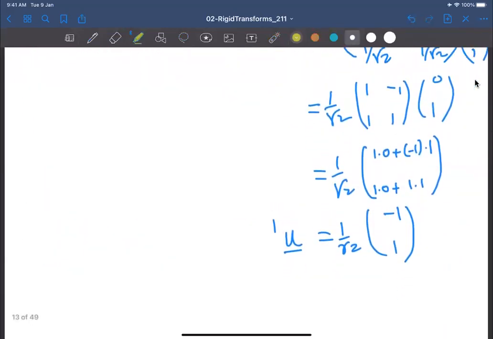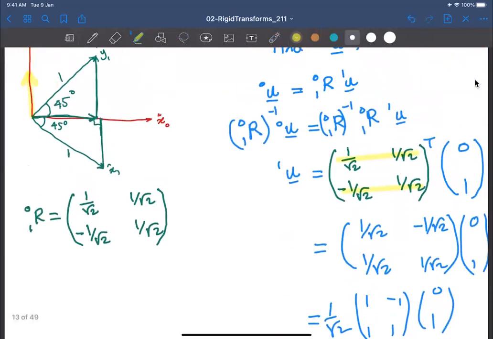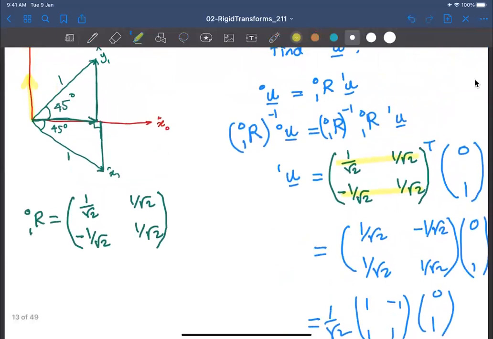We have minus 1 over root 2 for the x-axis, because basically the x-axis goes this way for this frame, but here we are going the other way around. So where is our vector now? It goes this way.